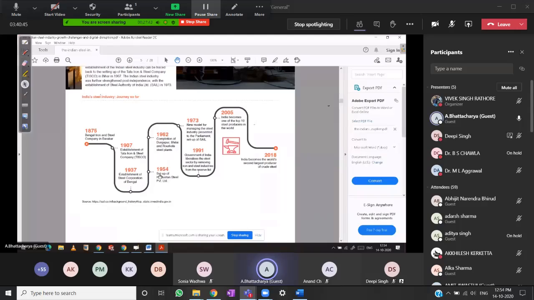And in 2018, India becomes the world's second largest producer of crude steel. So lot of diversions, lot of meanders, but the end result is very good. We are at a particular place in the world, quite a good place, you can say. So this can be referred to if anybody is interested.